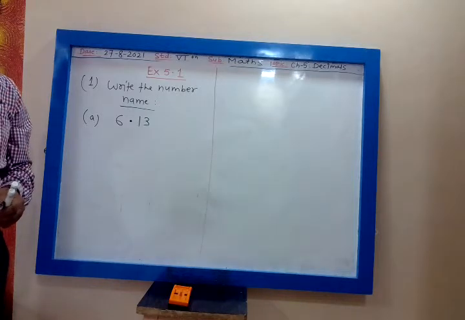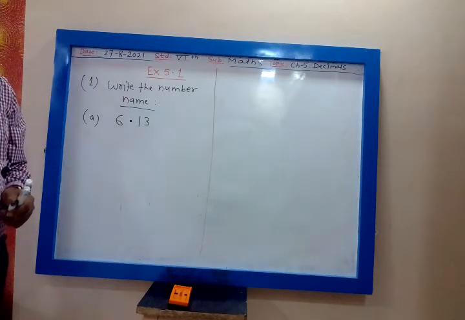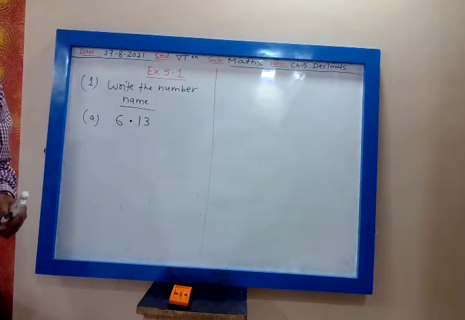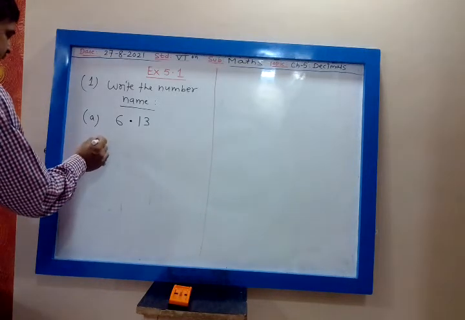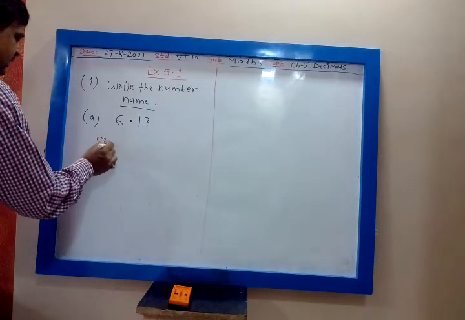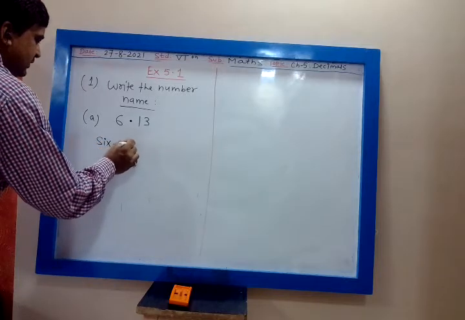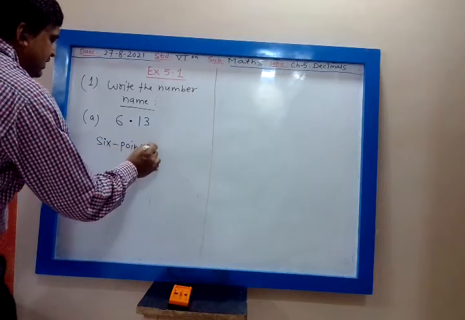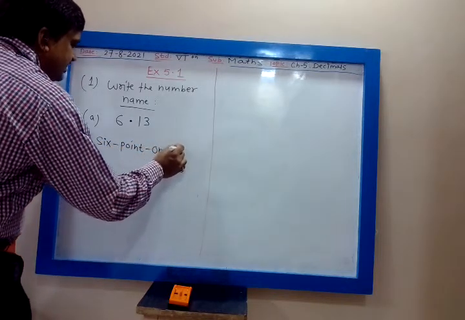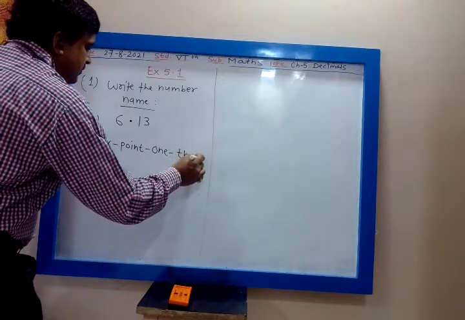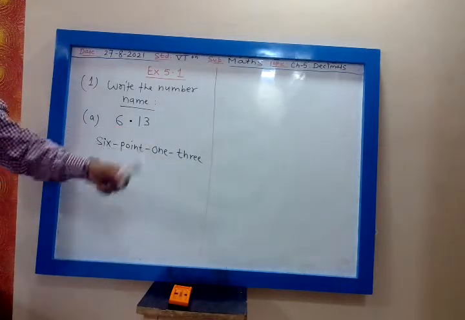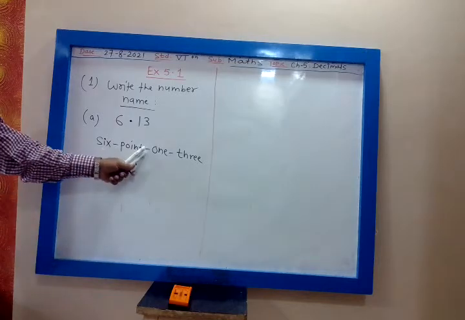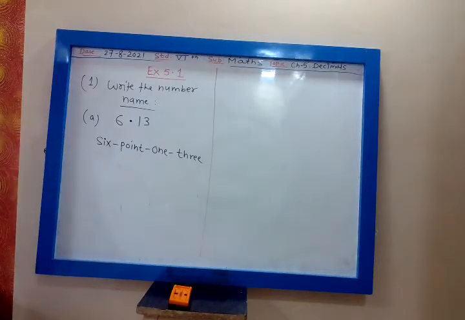After decimal we read that as single digit. We do not read the complete number. So this will be 6, then point, dash, 1, dash, 3. So what is that? 6.13. We write a dash between them.